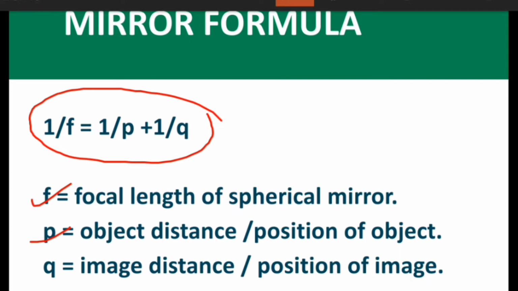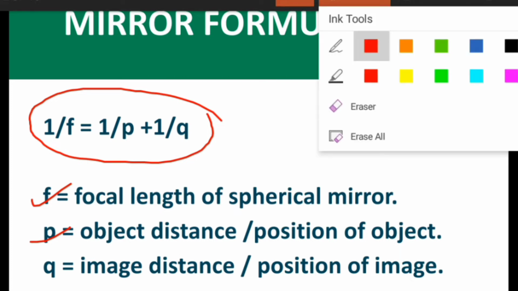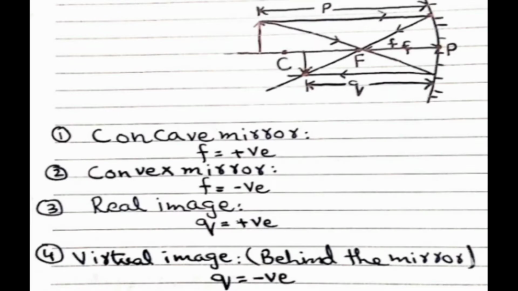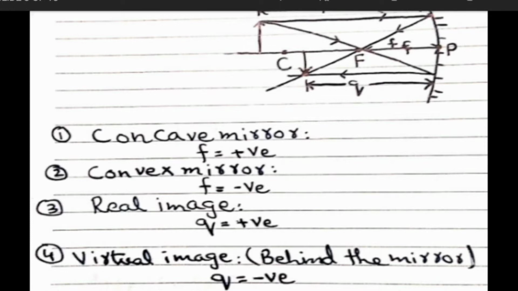Now listen carefully. What is P? This is the diagram of image formation in which an object is placed beyond C and its image is formed between F and C. So what is P?